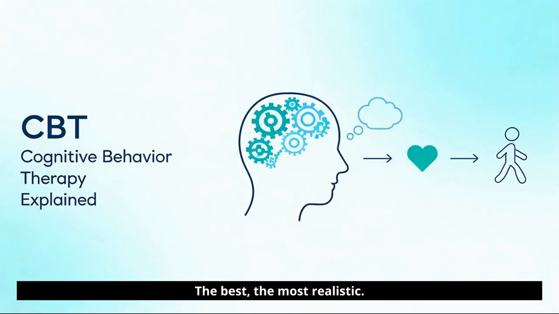The best? The most realistic?" "If you were on a jury, would there be enough evidence to convict yourself of being a complete failure?" Or, "Is there a gray area between total failure and total success here?" The aim is not to convince the client that everything is fine. It's to arrive at a view that fits the evidence and lowers emotional intensity enough for them to act differently.